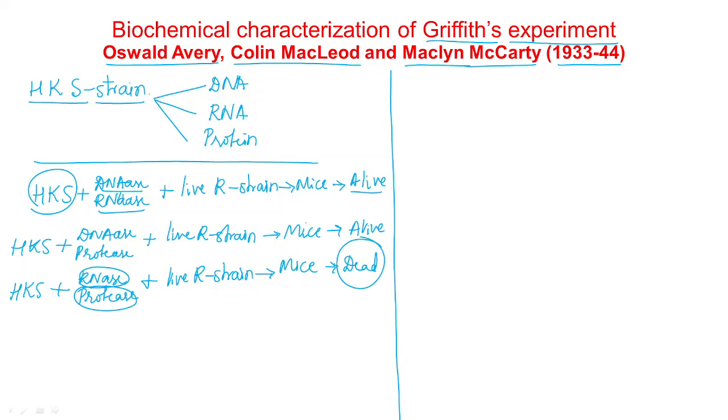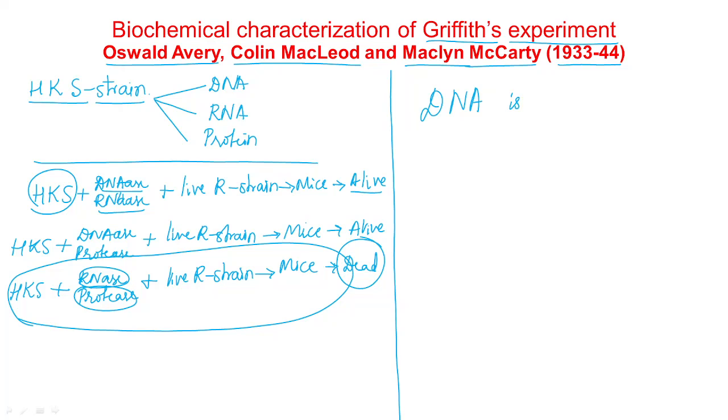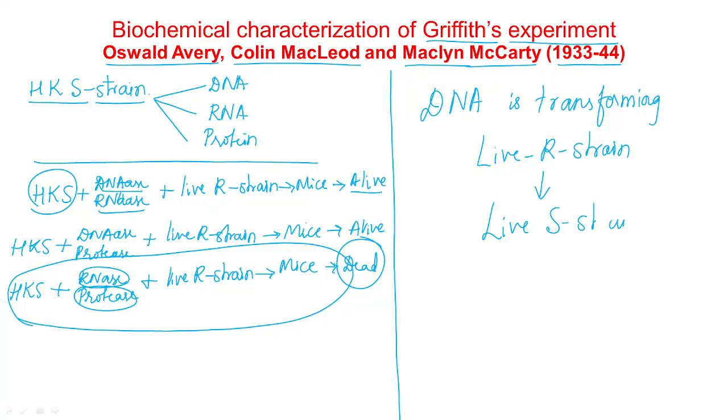When they injected it into the mice, they found that all the mice were dead. Is that clear? So, by this particular step, it is clear that DNA is transforming. What? The DNA is transforming live R strain bacteria into live S strain bacteria.